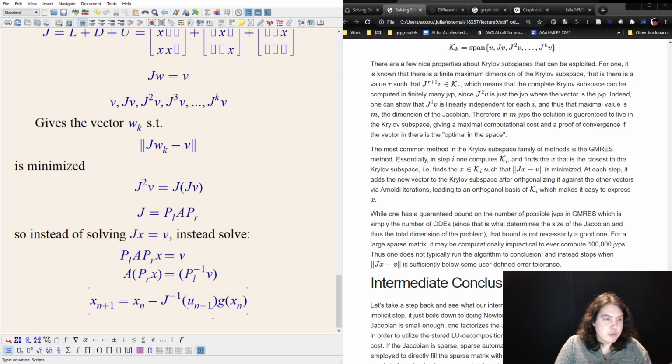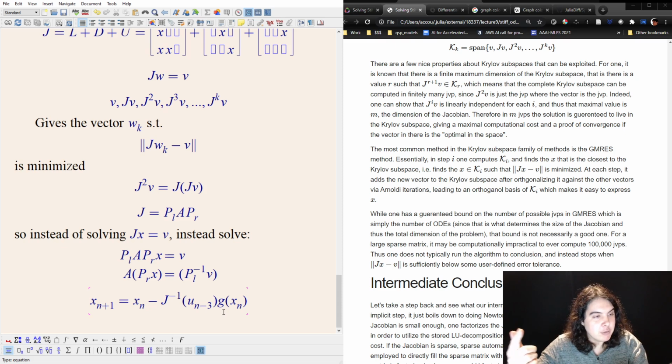You showed in your homework that perturbations of this should converge. So if u_{n+1} isn't too far away, then that could be a good one. u_{n-2} is not too far away, that could be a good one. What this is telling you is that if you use the sparse factorization form, you can factorize a Jacobian once, use it in all of your Newton iterations to get your u_{n+1}, and after you do a time step in the ODE solver, then in your next Newton solve you can reuse that same factorized matrix, unless you're diverging.